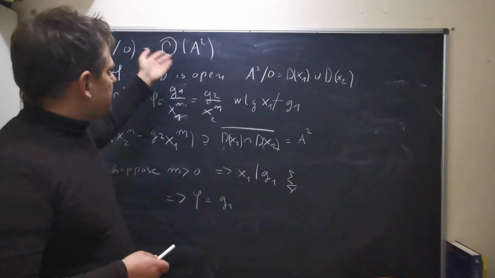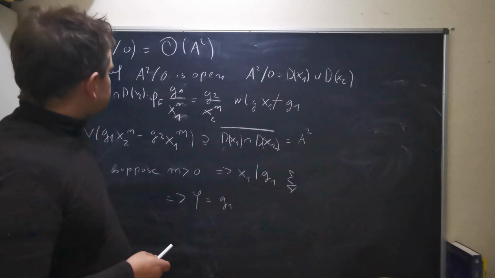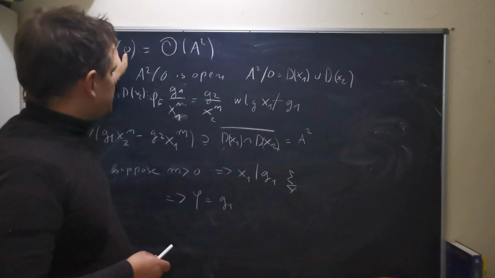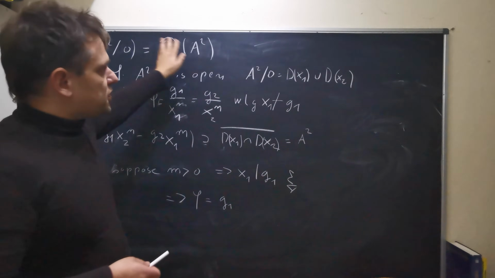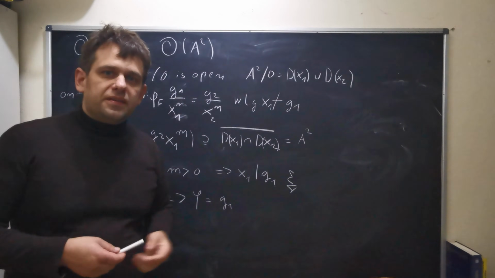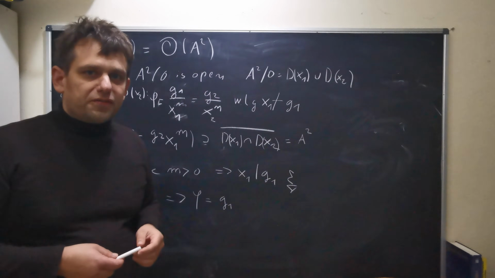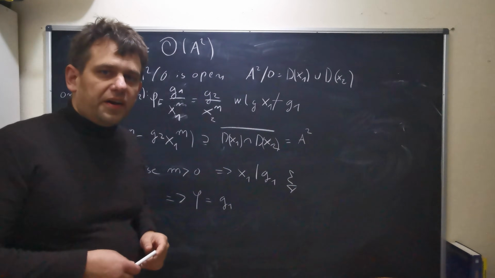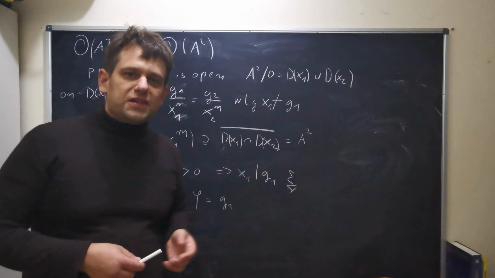We have shown that we can extend every regular function on the punctured plane to a polynomial function on A2, and this concludes our proof.